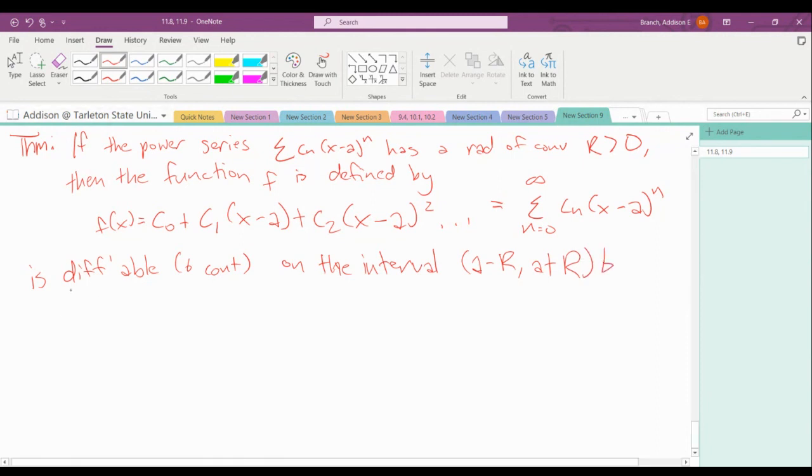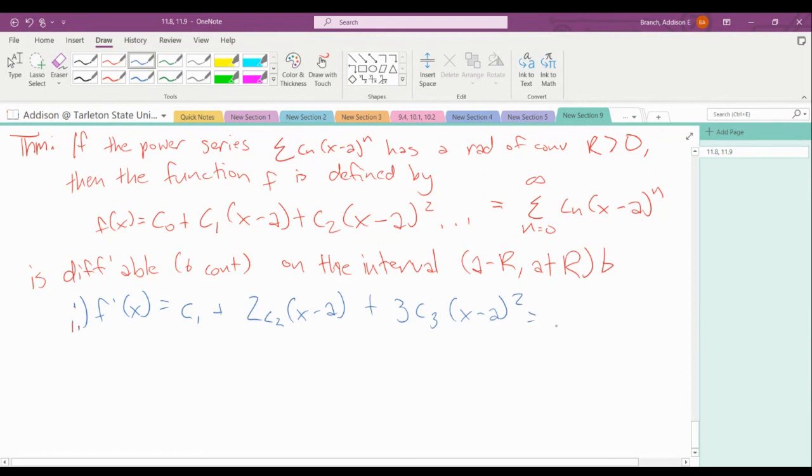And we can also say, actually let me switch colors since this is the really important part, f prime of x is equal to c1 plus 2c2 times x minus a plus 3c3 times x minus a squared.